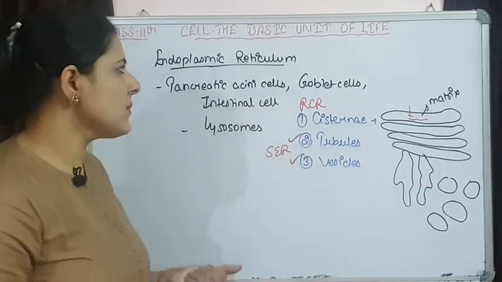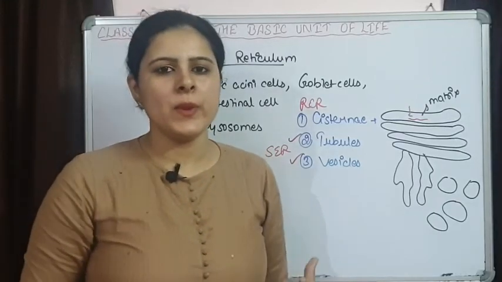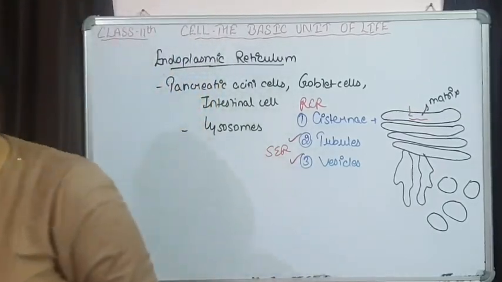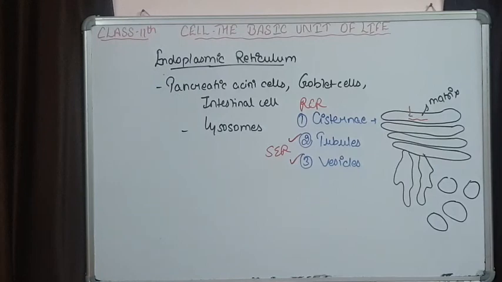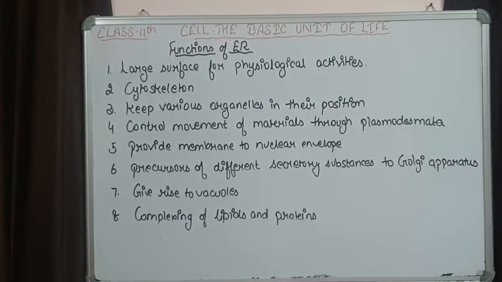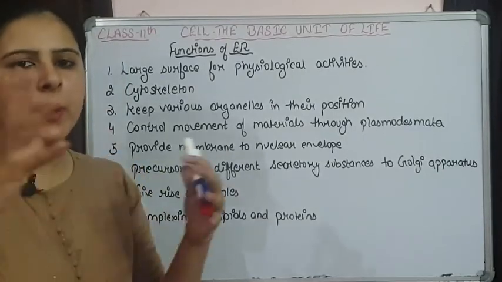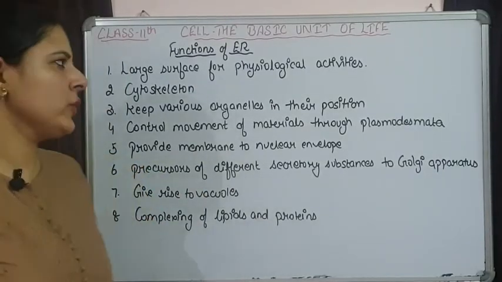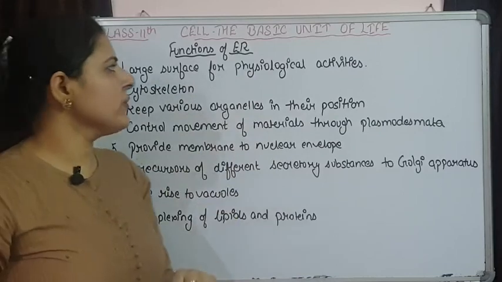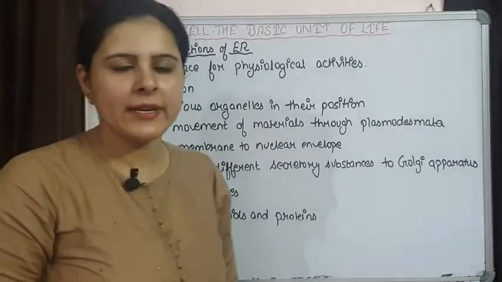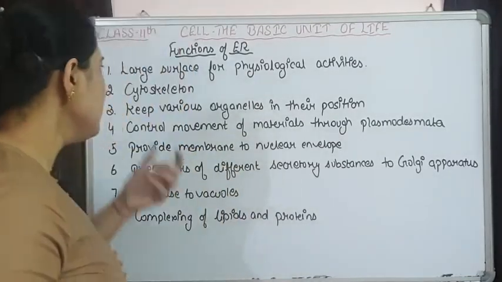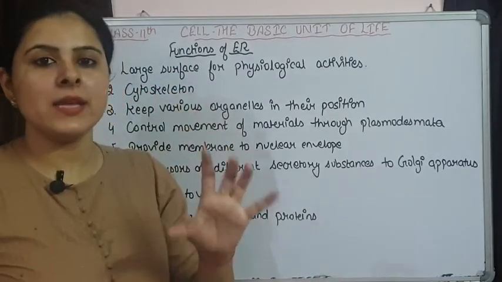Now, let us discuss the functions performed by endoplasmic reticulum. See, these are some of the combined functions of endoplasmic reticulum. They are providing large surface area for various physiological activities that are occurring in the cell. The second one, it is acting as a cytoskeleton.